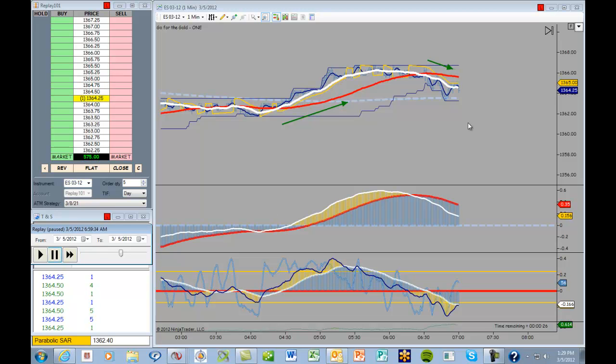Okay, I paused it because it looks like we can go lower here. Notice that our stochastic is probably above the midpoint and starting to curve down. This is definitely bearish. The blue was above the white, now it's coming down.